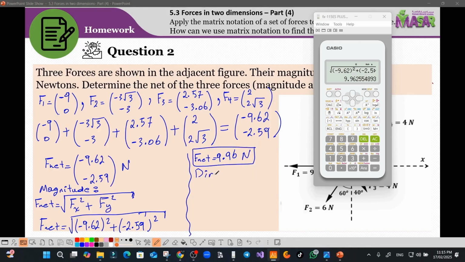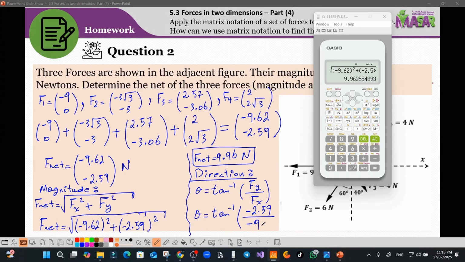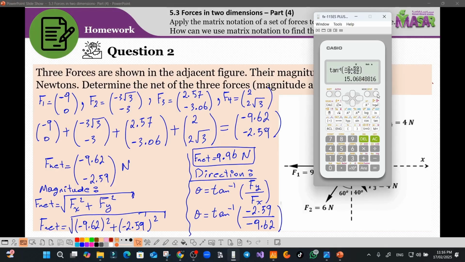We still need to find the direction of this F net. Now the Fy is given by this component, minus 2.59, and the Fx is given by this component, minus 9.62, which gives 15.068.